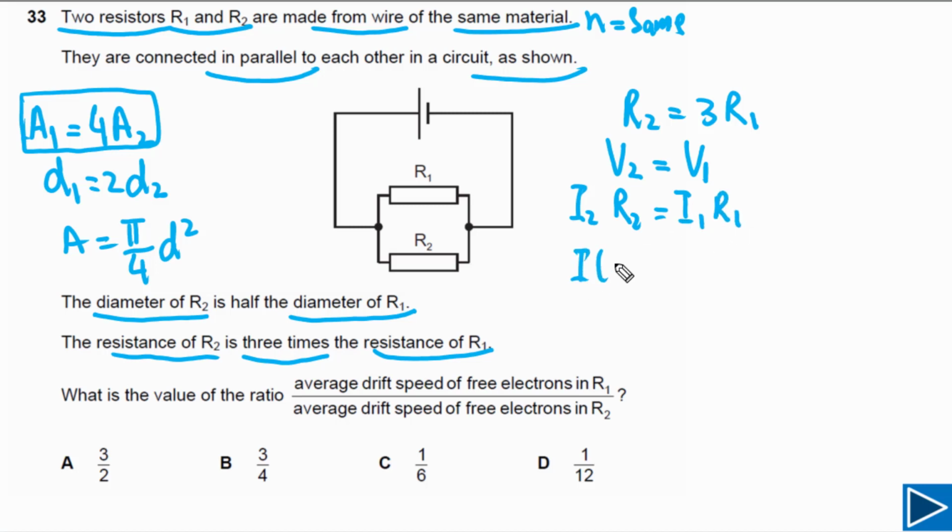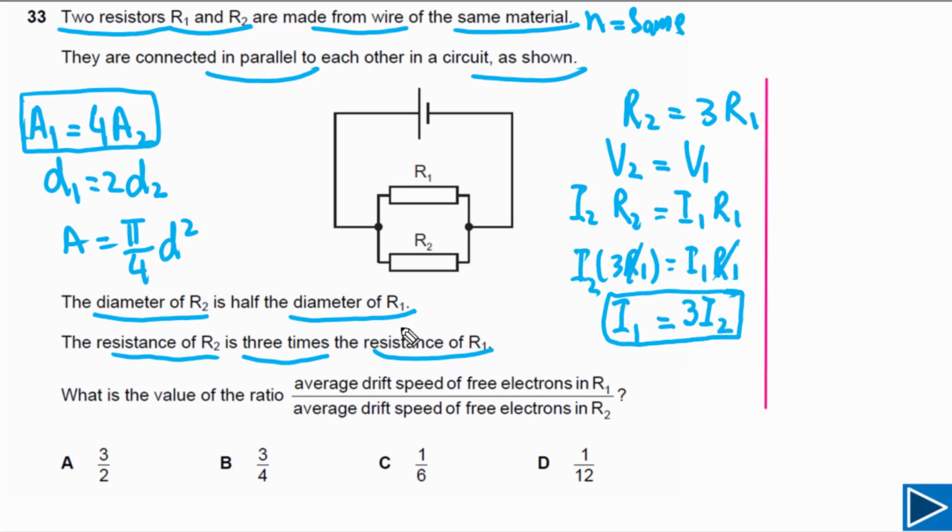But R2 is equal to 3 times R1, so I2 times 3 R1 is equal to I1 times R1. R1 we can simply cancel, so I1 is equal to 3 times I2. So we can get this information from the given resistance.